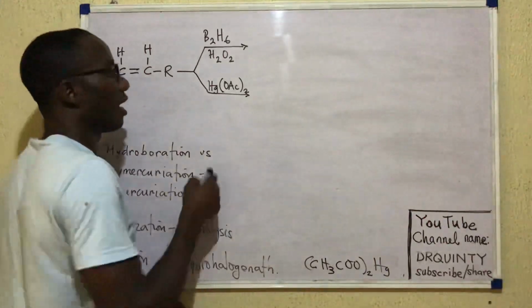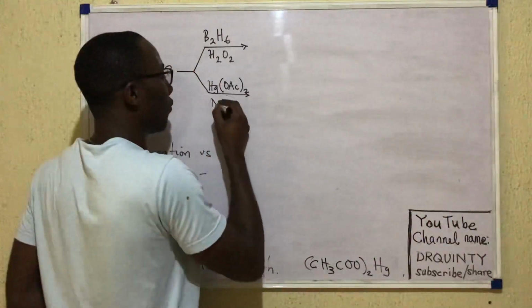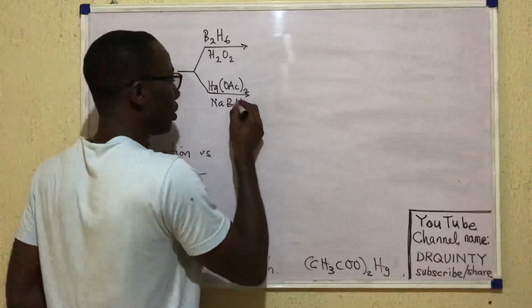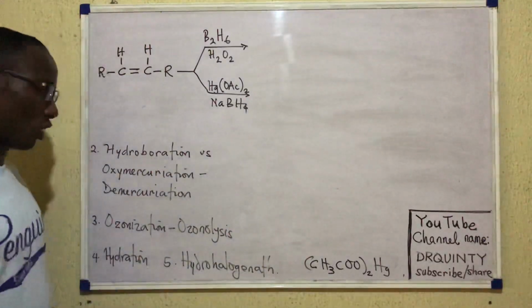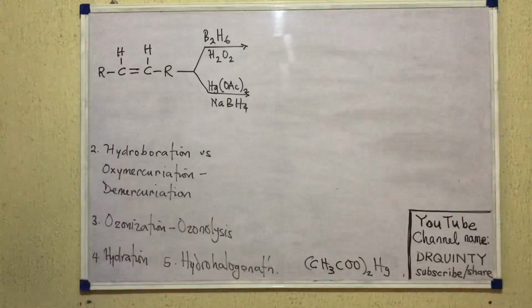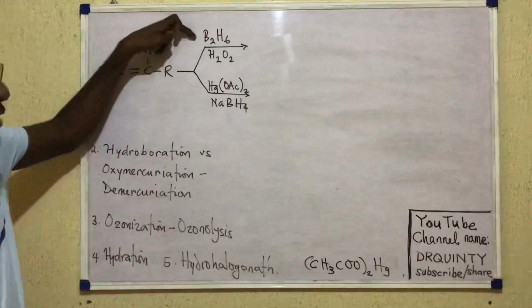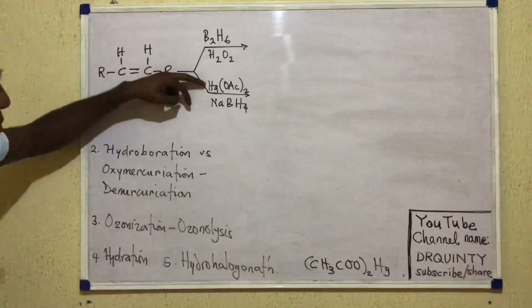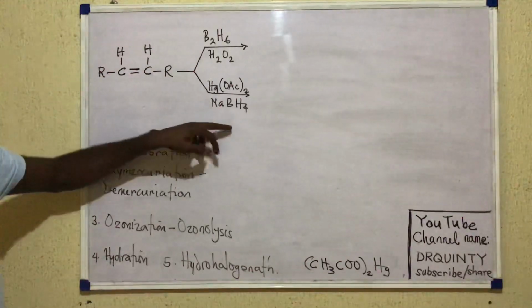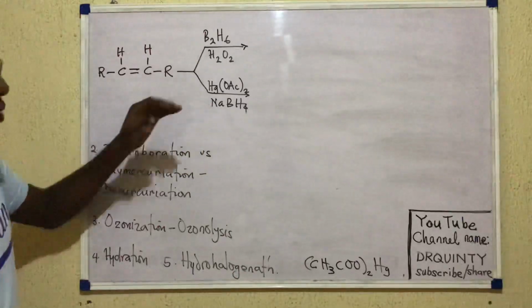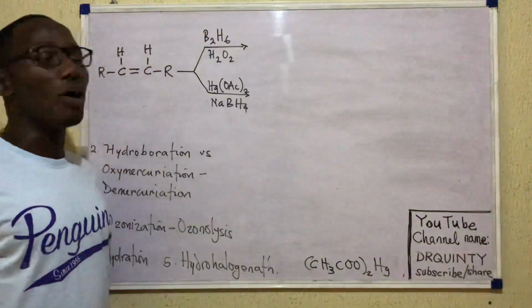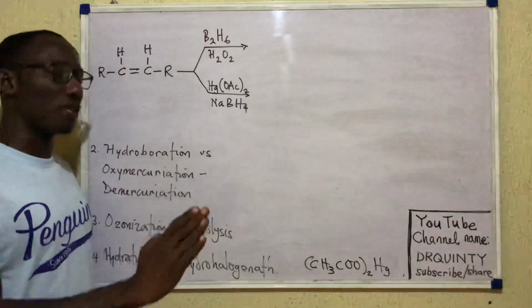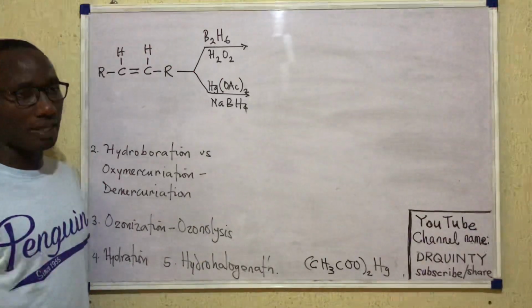In this case, after reaction with this, what will follow next is reduction. So look at the two reactions we are looking at. Item 2 here: hydroboration followed by oxidation. Then oxymercuriation followed by reduction. So those are the two reactions we are considering. Now these two reactions have something in common. And what is that?